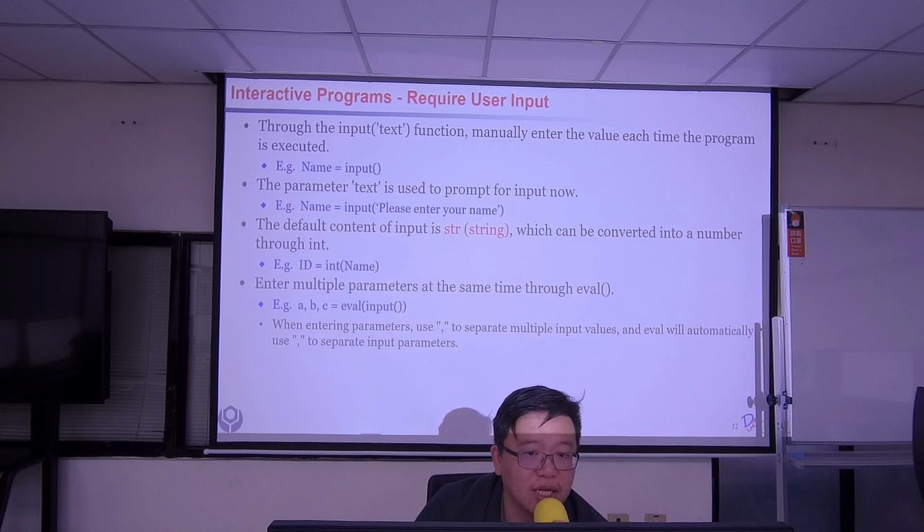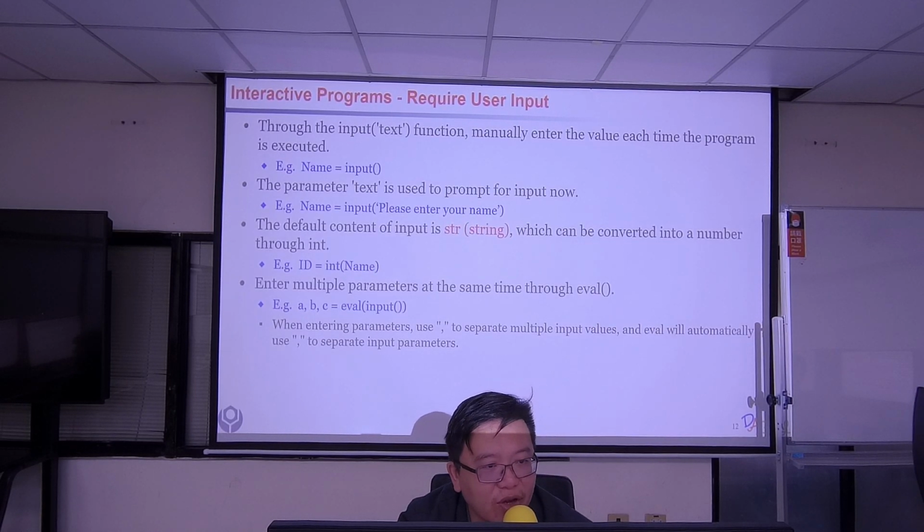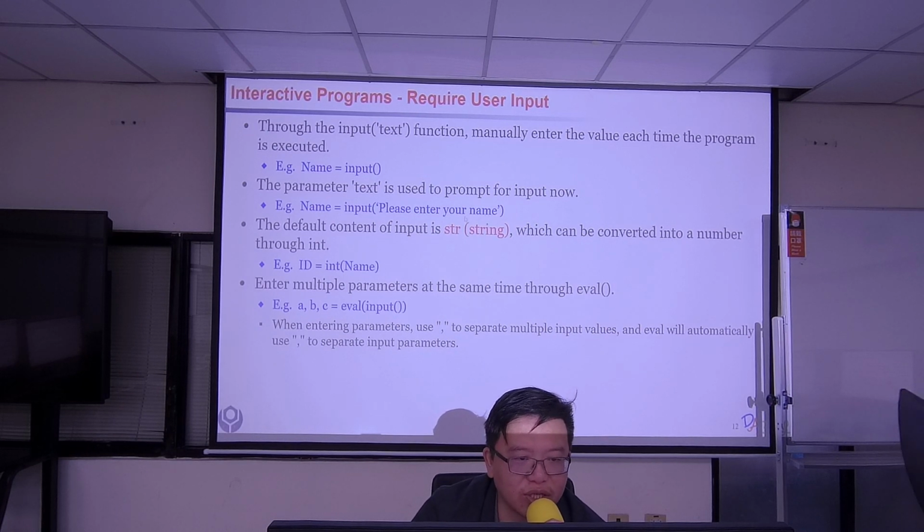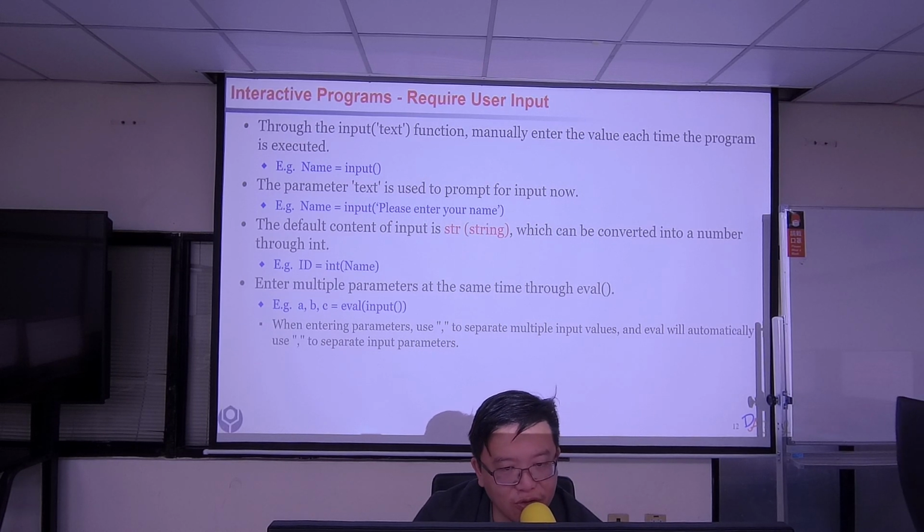Now, we're going to introduce something called input. This is also very commonly used when you try to have a program that interacts with the user. For example, you want to give a sentence and you're trying to get something from the user. So the user has to type in something and enter.